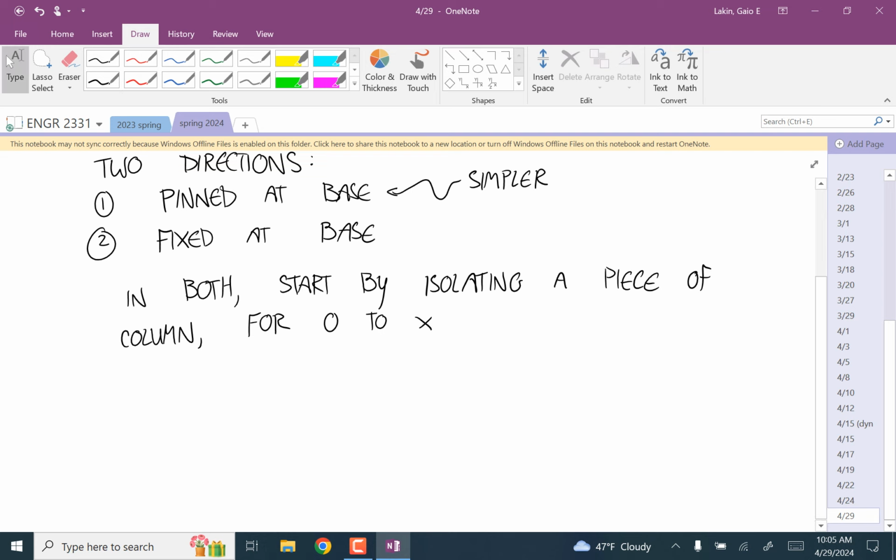So let's start with pinned at the base. That's the simpler one. In that case, there's not going to be any reaction couple at the ground, okay? The reaction couple is what complicates things, okay?